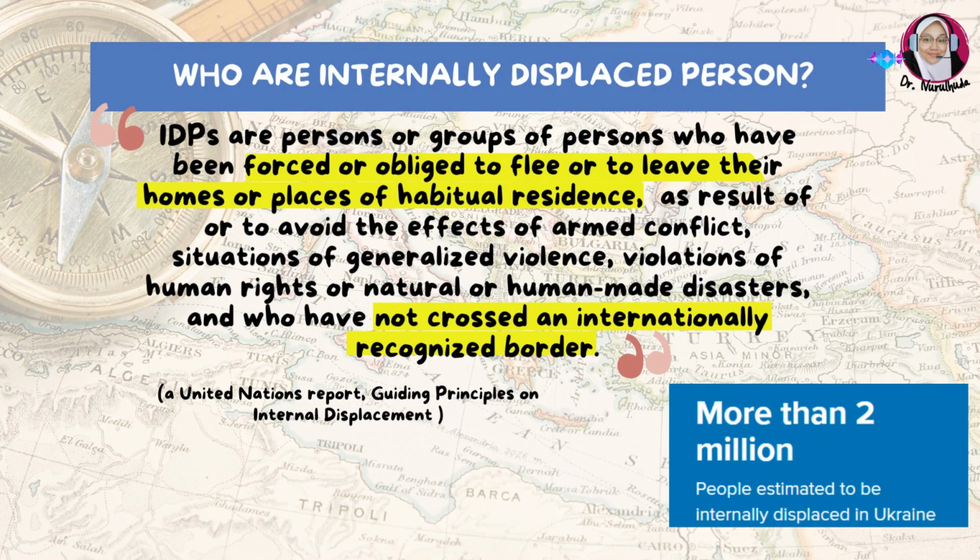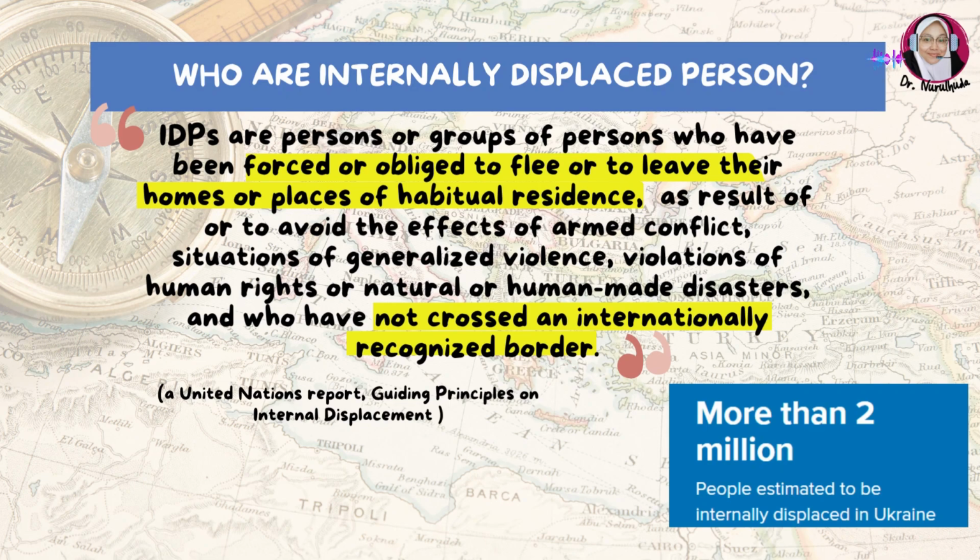Right. Okay. Next, who are internally displaced persons? IDPs are persons or groups of persons who have been forced or obliged to flee or to leave their homes or places of habitual residence as a result of, or to avoid the effects of, armed conflict, situations of generalized violence, violations of human rights, or natural or human-made disasters, and who have not crossed an internationally recognized border.